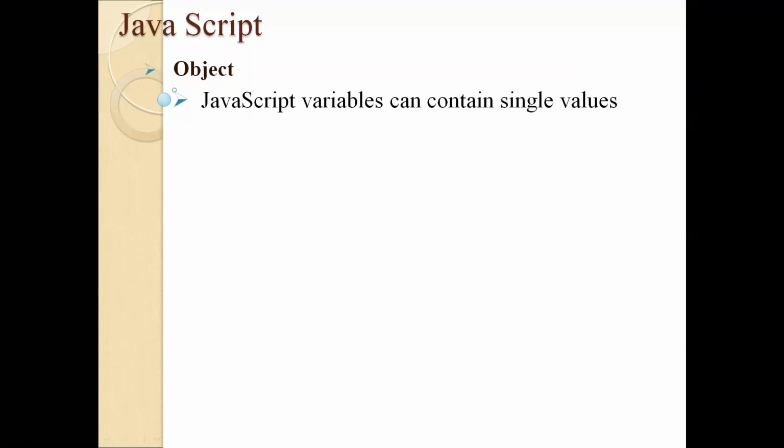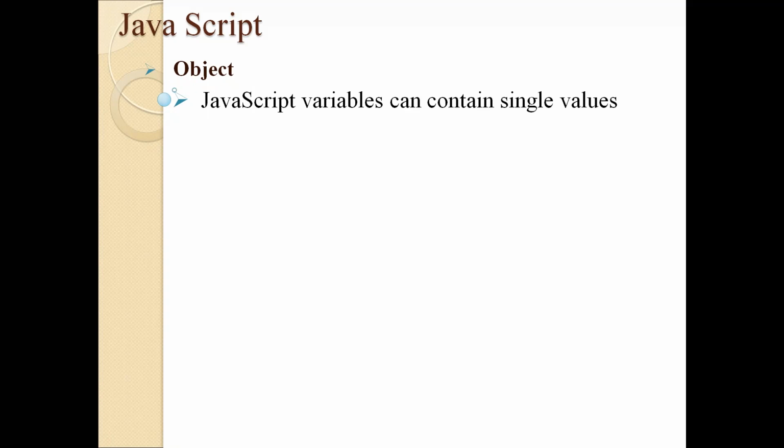In JavaScript, variables can contain single values. Previously, we have seen one example. Initially, we declared a variable with the name a, and we stored the value 100 inside that variable. Then within the block, we tried to change the value of a to 200.